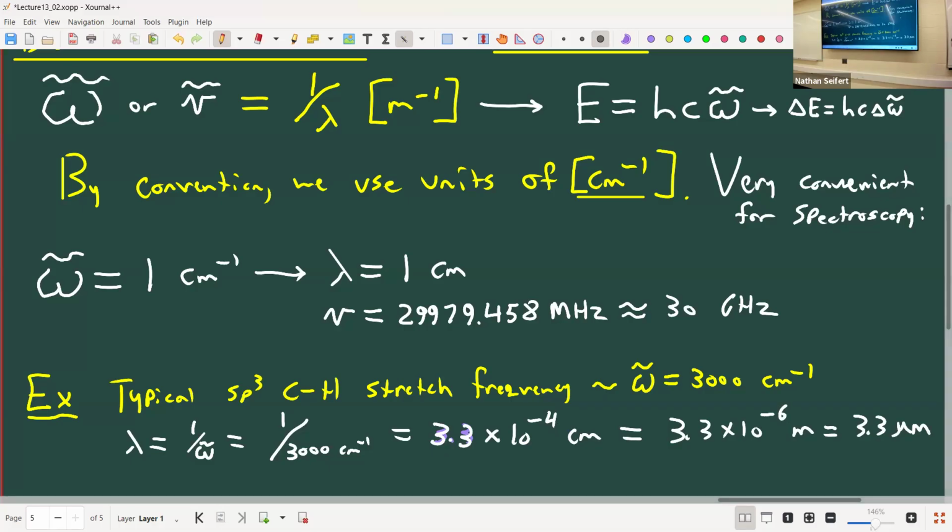Okay, so this is another reason why we use wave numbers: it puts us in a really nice place for infrared spectroscopy. We haven't really talked about how infrared spectroscopy works, but it has some sort of length scale associated with the instrument, because there's a path length and these moving stages that measure distances to calculate the spectrum.